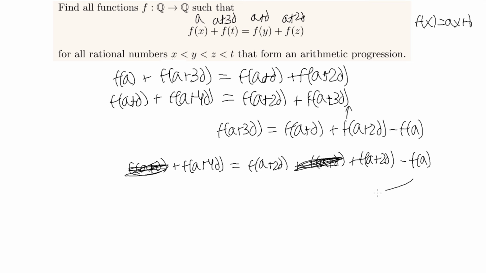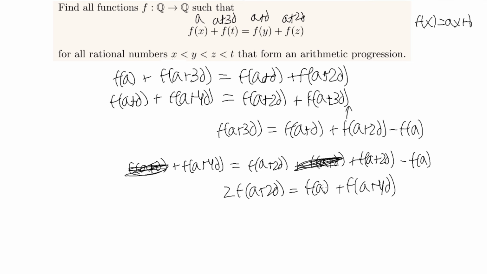When we bring this term to the other side, what results is 2f of a plus 2d is equal to f of a plus f of a plus 4d. And a plus 2d is in the middle of a and a plus 4d. So 2 times f of the middle one is equal to f of one of them plus f of the other.